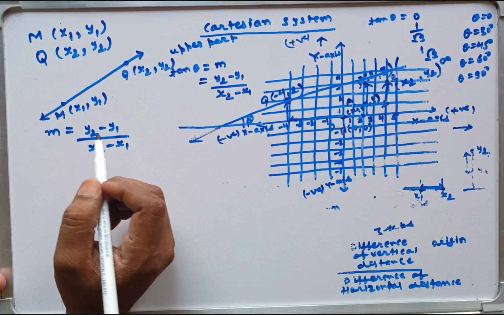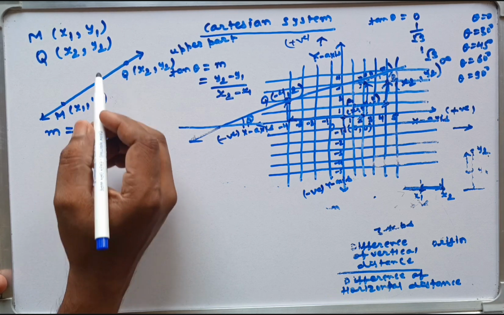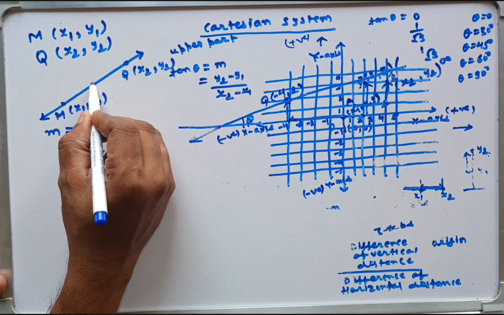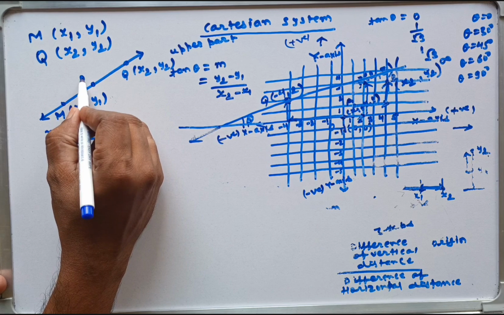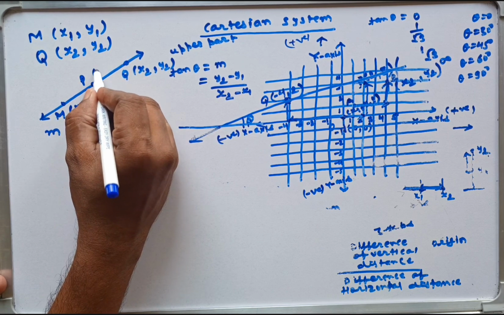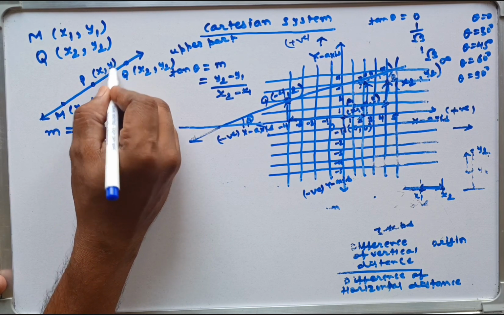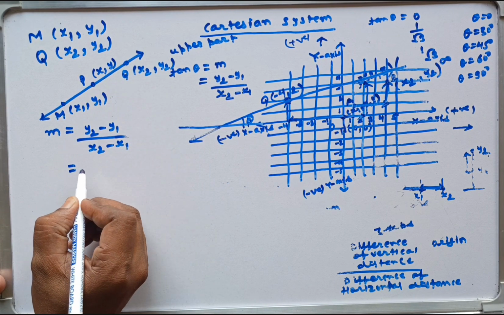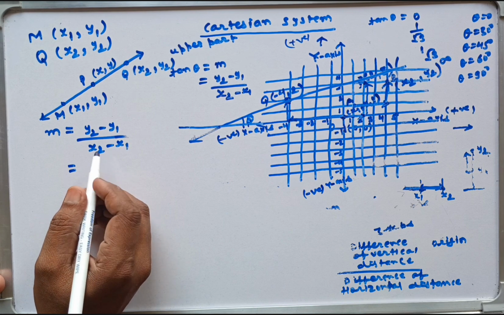Now guys, if we consider a random point here, say P, on this line which has coordinates x and y, then its gradient also must be the same.